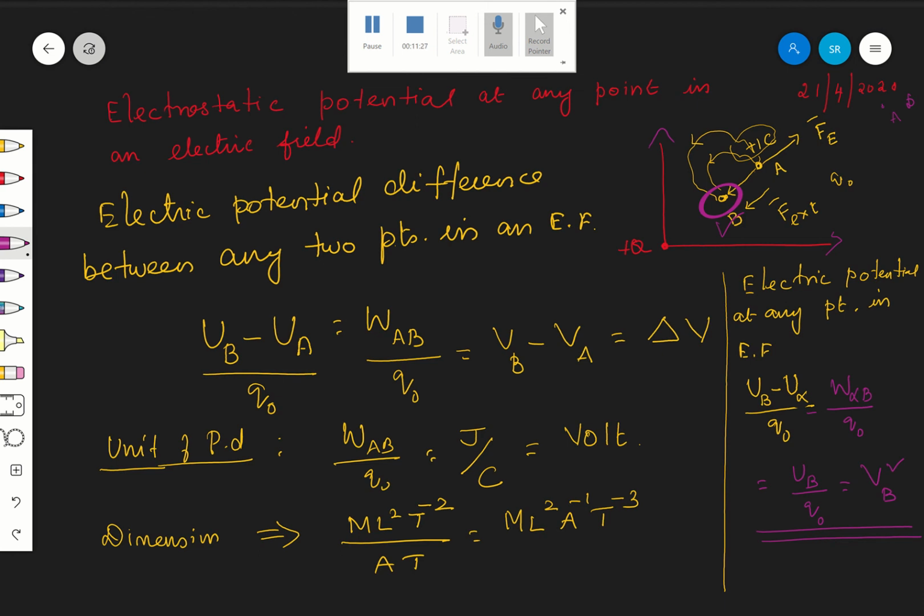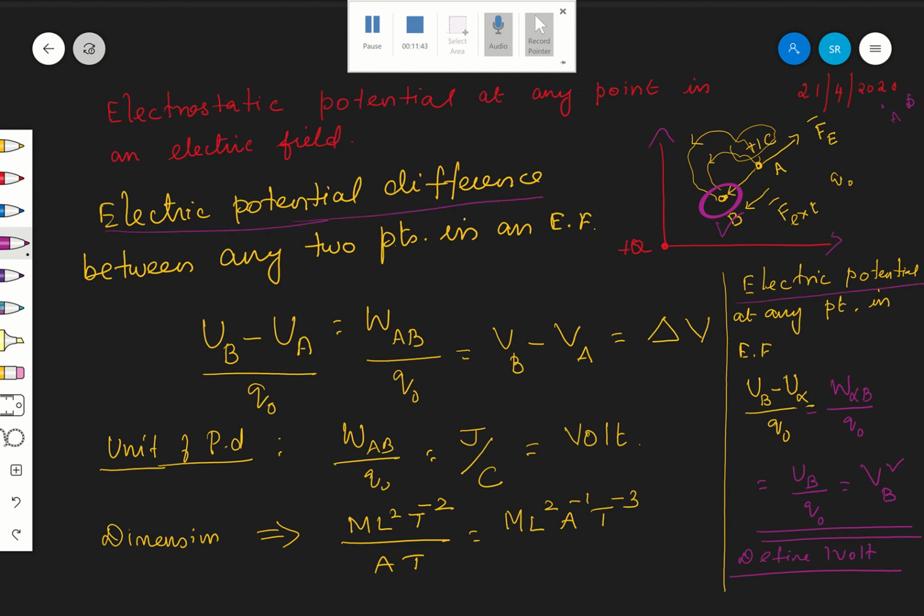Therefore, if you are asked to define 1 volt, you can define it in terms of potential difference, or in terms of potential also.